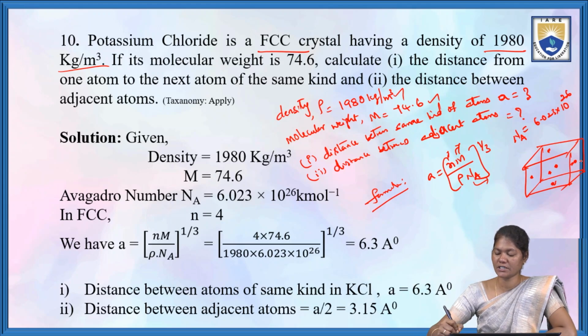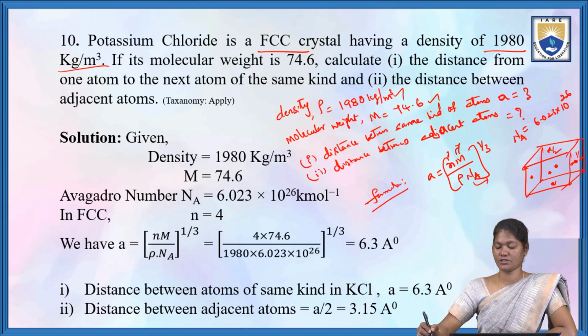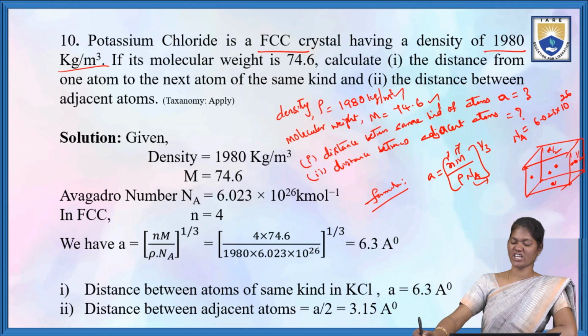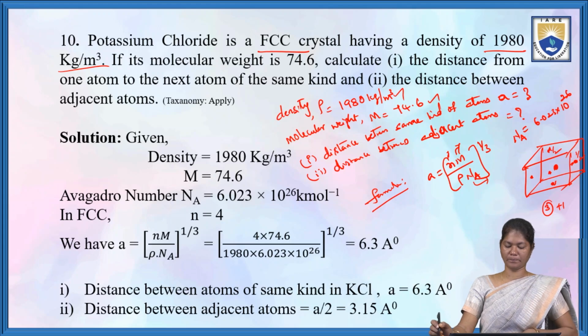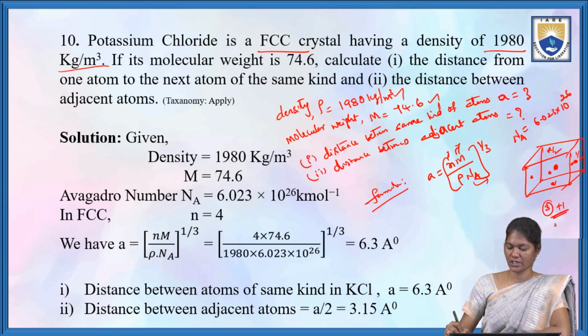At the face center, each atom is shared with 2, so half of an atom is placed at each face. So we get 3, plus 1 at the center of the cube. So 3 plus 1 we get 4. So n is equal to 4.